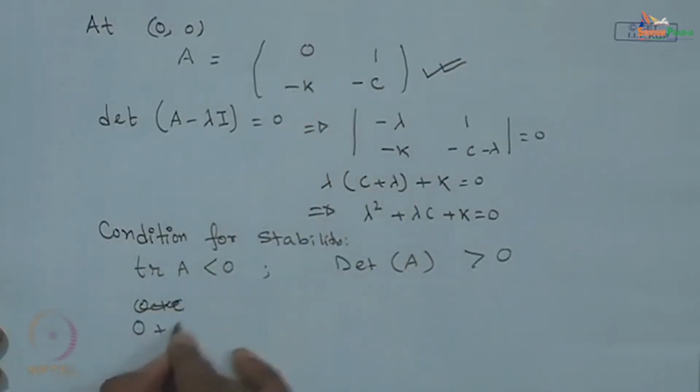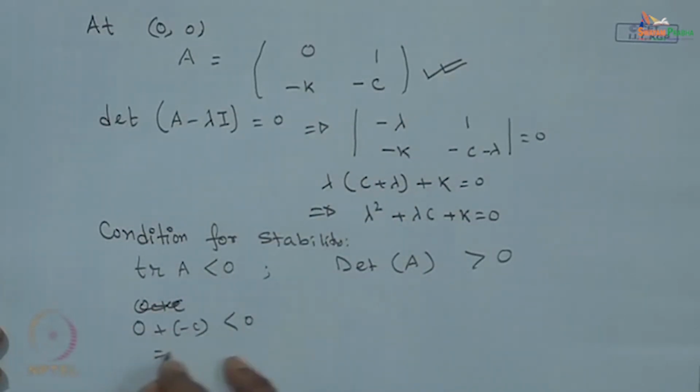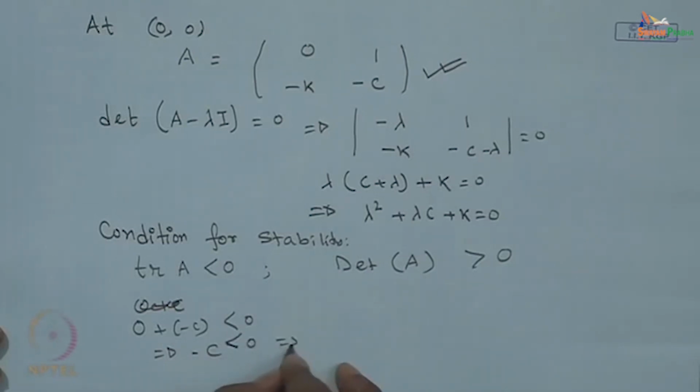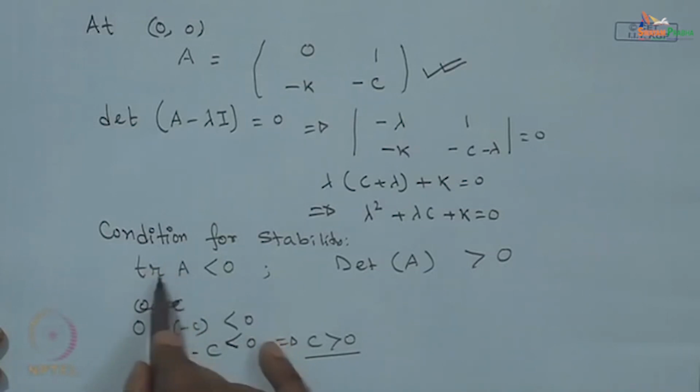So, 0 plus minus c should be less than 0. That means minus c is less than 0, that means c is positive.